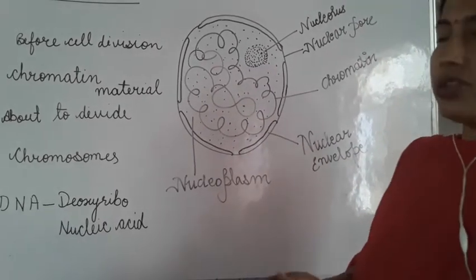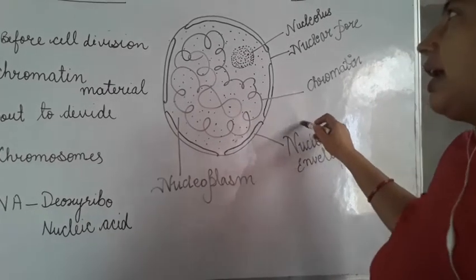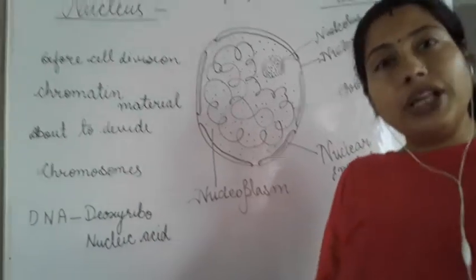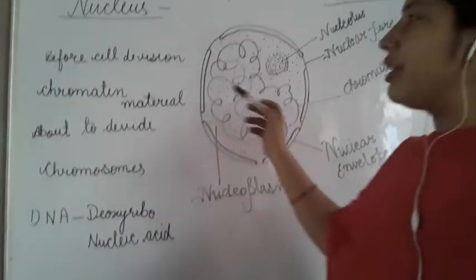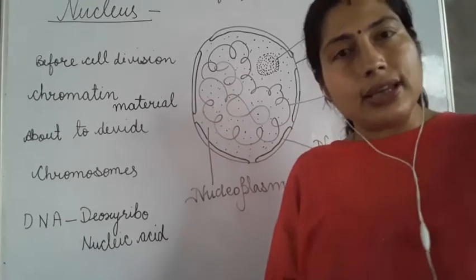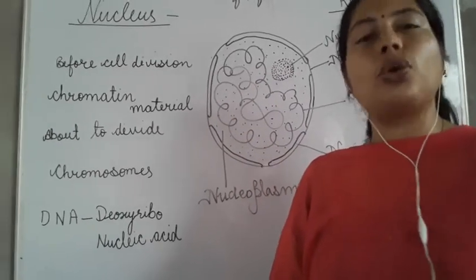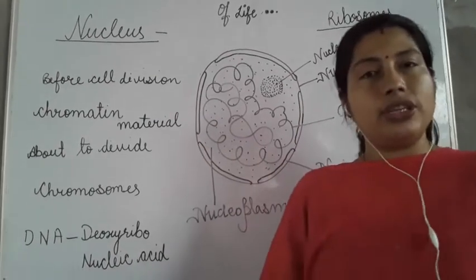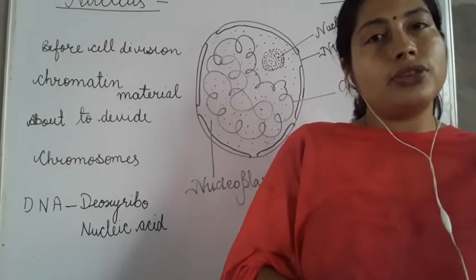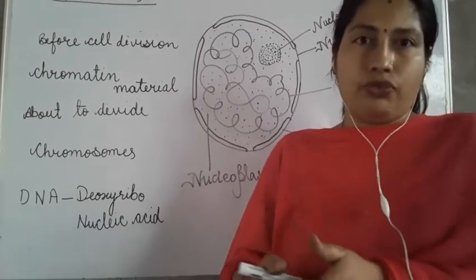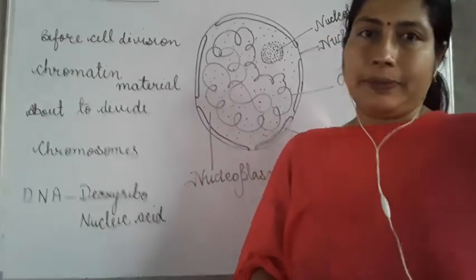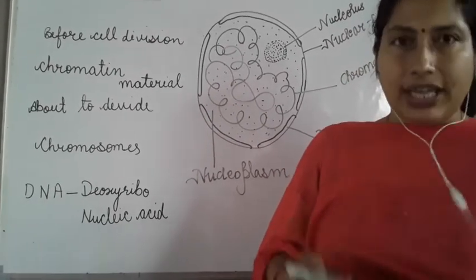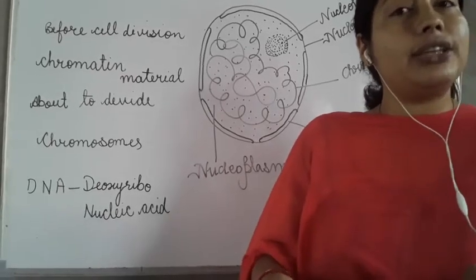It also has thread-like chromatin fibers, but during cell division these fibers condense and form rod-shaped chromosomes, which carry information from parent to offspring. They have DNA, and the functional site of DNA is called genes.